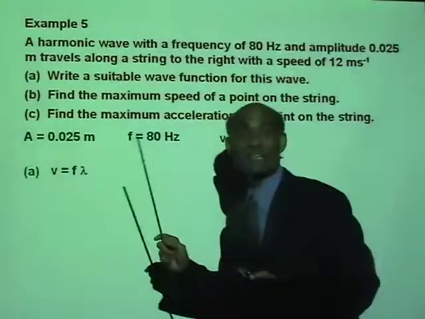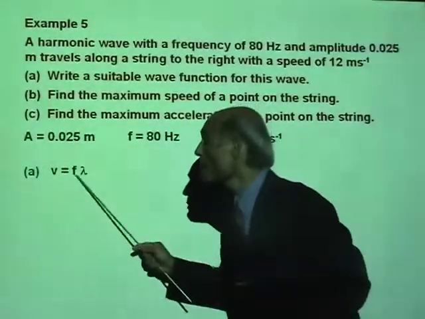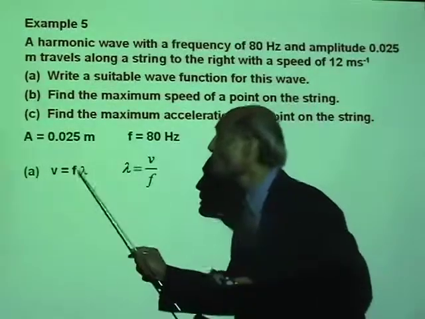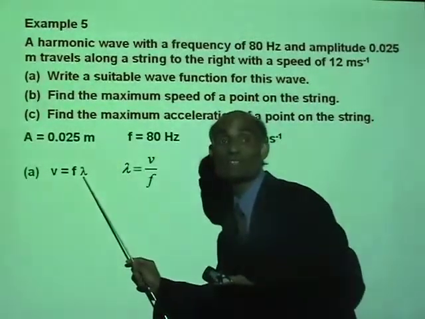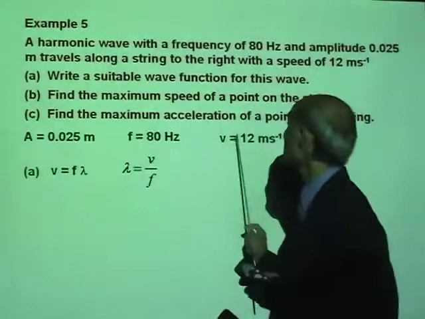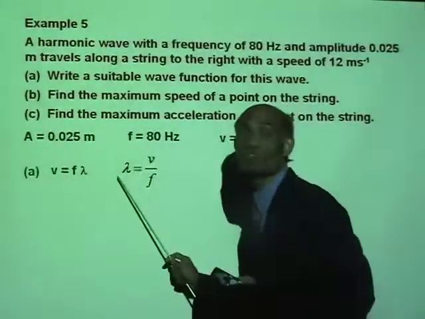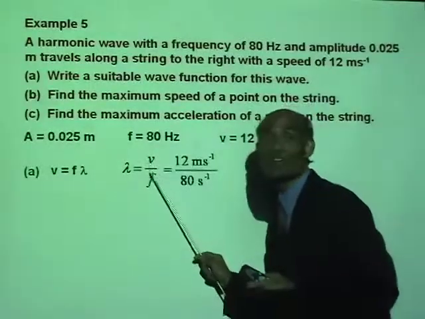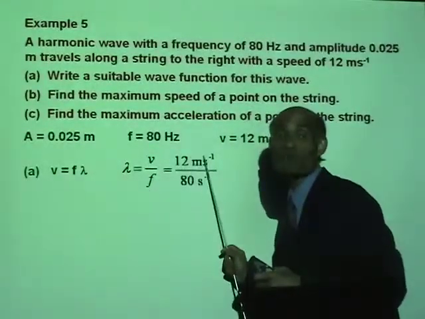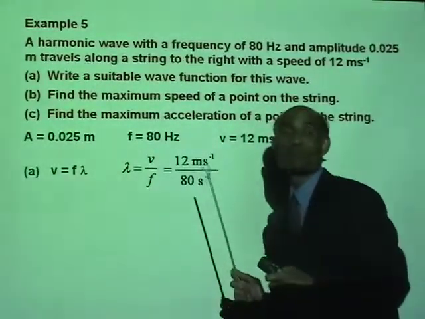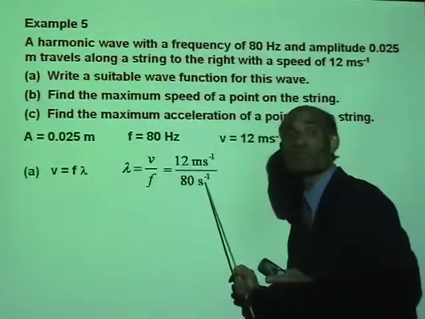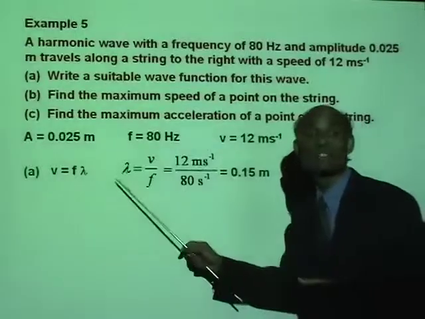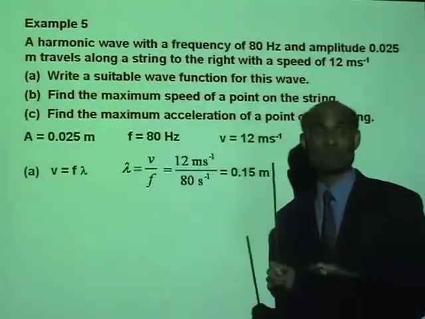Alright, let's find some of these values. We know that v equal to f lambda. Therefore we can find wavelength. We know the wave speed. We know the frequency. Therefore wavelength lambda equal to v over f. That is 12 meter per second divided by 80 hertz. That will be 0.15 meter is your wavelength lambda.